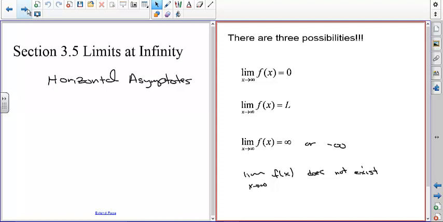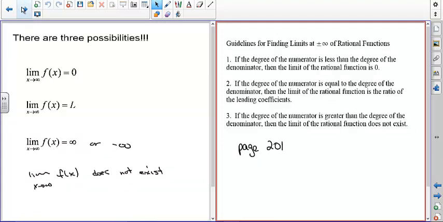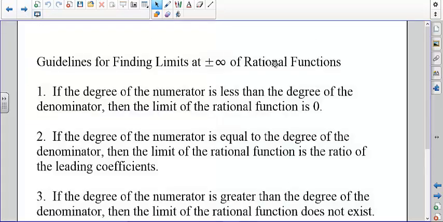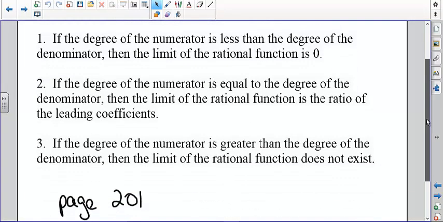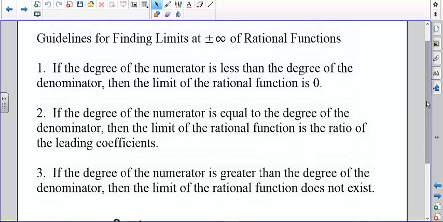So we don't really worry about anything except the highest term. Is it to the fourth power? Is it to the fifth power? Is it the first power? So these are the guidelines that you've seen before, and these are in your book. It's on page 201 if you don't want to write all this stuff down. I'm not going to give you enough time to write it down because you've seen this before.